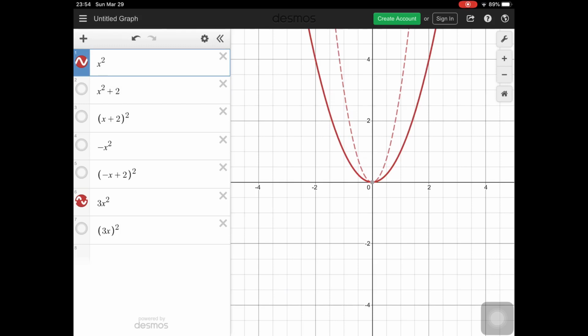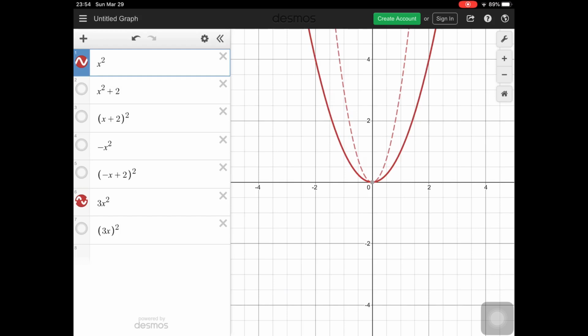We're going to see that in a while, but if you go to the point x equals negative 1, for example, you'll see that the red function is at 1, and for the red dashed function, for x equals 1, we should be at y equals 3. You see that? We're going to do some examples later on in order to practice this concept. But this is called a vertical stretch, okay?